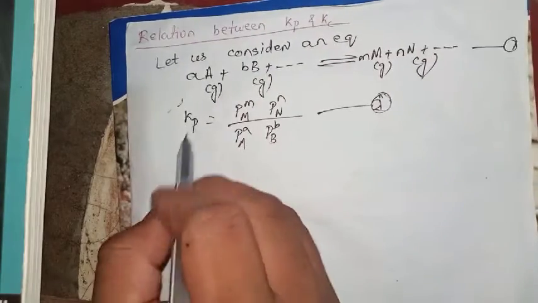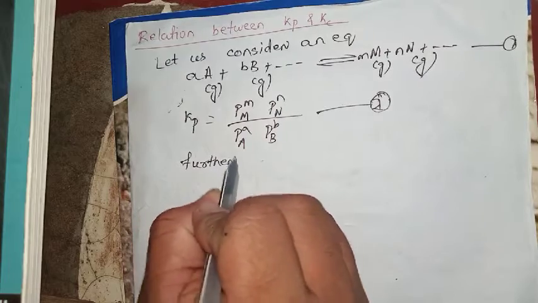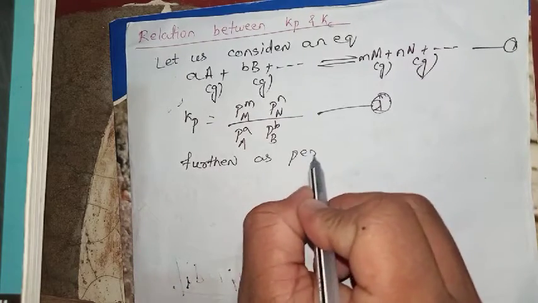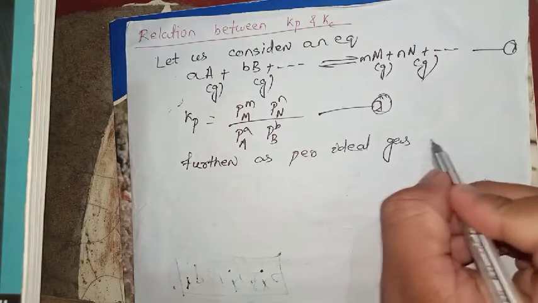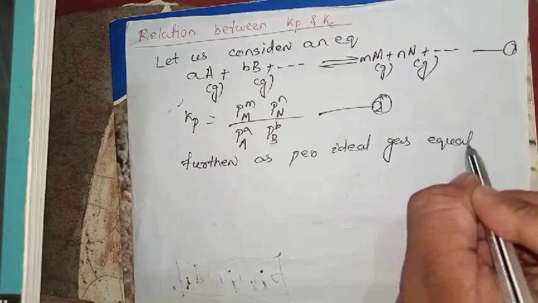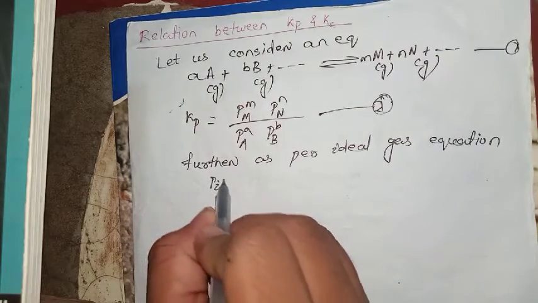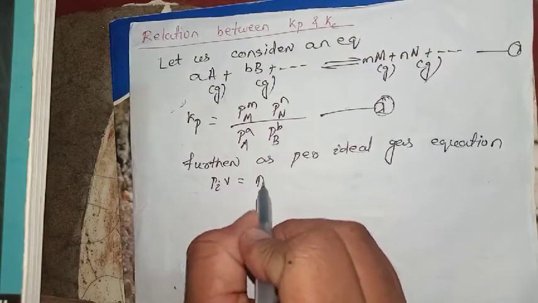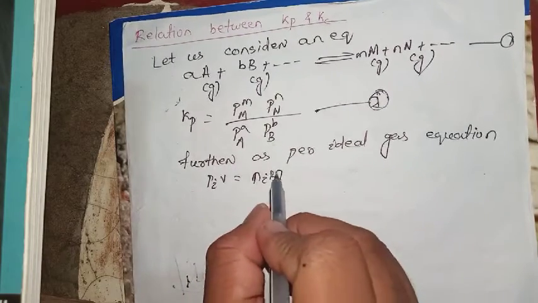Further, as per the ideal gas equation, PV is equal to nRT.